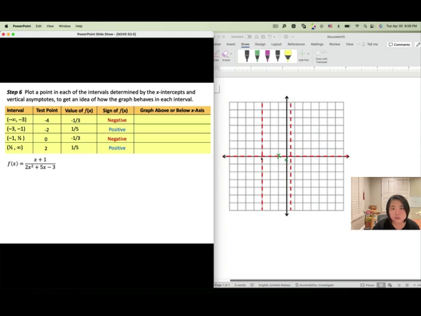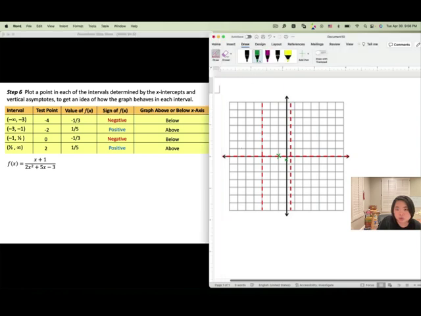So we're gonna graph below the x-axis. Okay, below the x-axis. So you could see from here, I will be going like this, approaching the vertical asymptote.